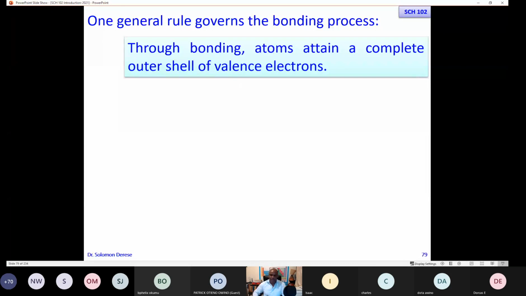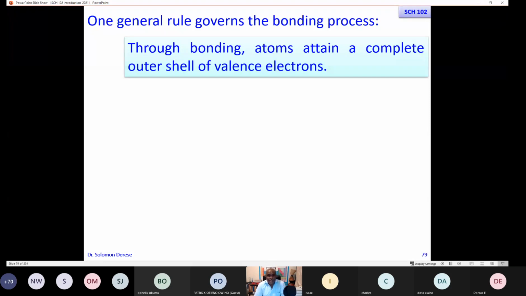For example, two hydrogen atoms form a bond with each other to form a hydrogen molecule. Each of the hydrogens will be bringing one electron towards the formation of the chemical bond. As a result, between the two hydrogen atoms involved in chemical bonding, there are going to be two electrons that are equally shared between the two hydrogen atoms. So both hydrogen atoms will have two electrons.